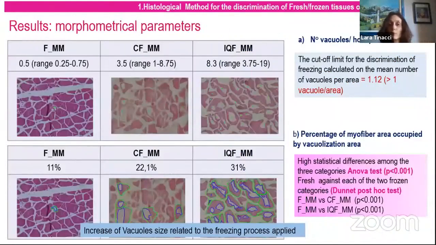About the morphometrical parameters, they were used to establish a cutoff limit for the discrimination of freezing that was calculated on the mean number of vacuoles per area analyzed and corresponding to 1 vacuole per area. It meant that if I was considering a section, I had to visualize it in 4 areas to find at least 1 vacuole.